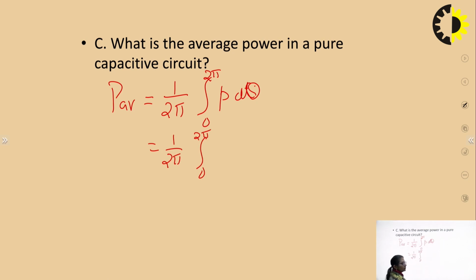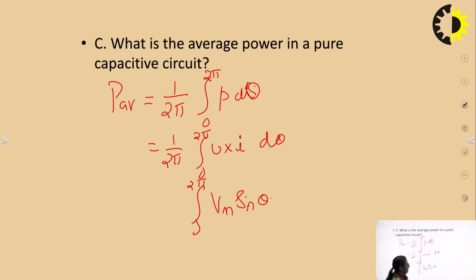What is the instantaneous value of p? It is the product of the instantaneous value of voltage and the instantaneous value of current. Let the voltage be the reference, Vm sin theta.